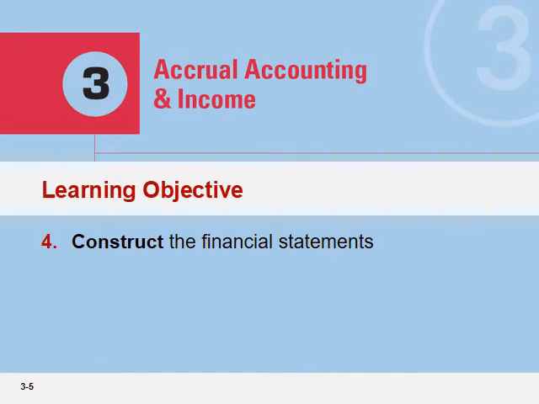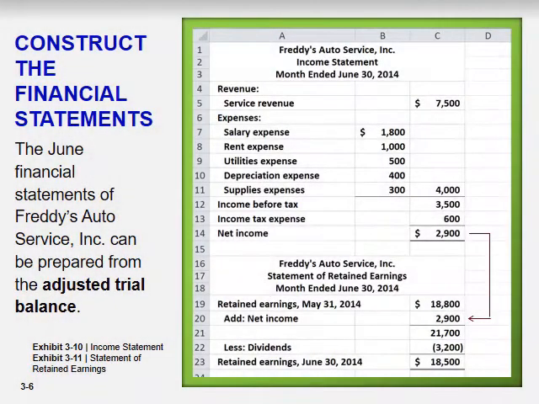So now let's start constructing the financial statements, because we have now seen all the adjustment entries, and now we're going to use them to make the financial statements. Let's see that. In order to make the financial statements, what was the order? First we have to make the income statement, and then from the income statement we find out the net income, and that net income is used to construct the retained earnings statement, because that net income is going to be used here.